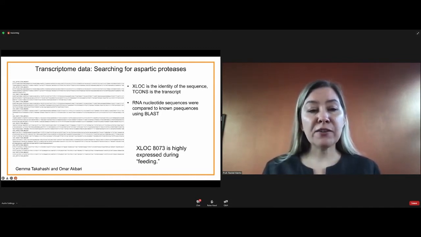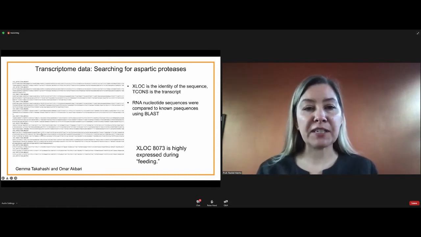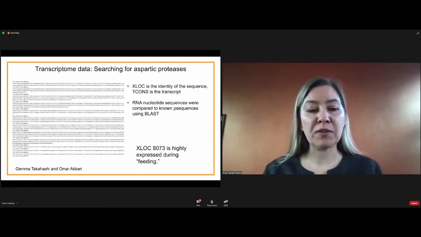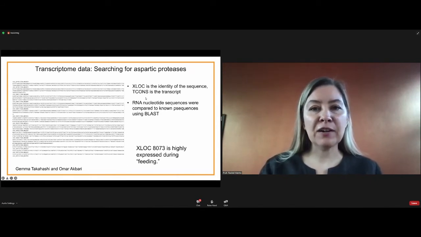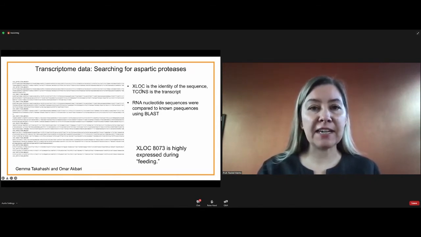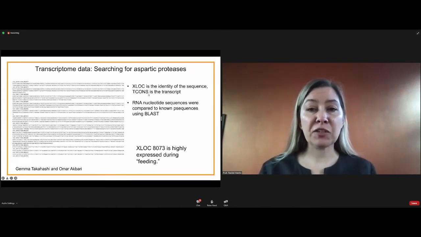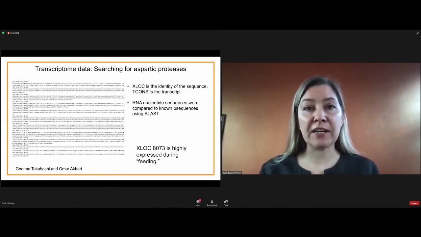And so you get your transcriptome data, which looks like this. We have a whole bunch of sequences that code for those proteins. And again, this was done by Gemma and Omar. And they have these tags here. This XLoc is the identity of the particular sequence, and TCons is the transcript. So this is just telling us where these things are located in our data.